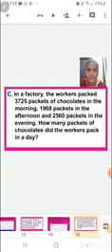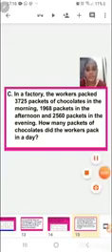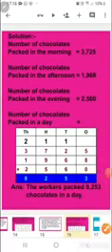Now, in a day, in the morning workers have packed some chocolates, then afternoon also they have packed some chocolates, and evening also they have packed. So we have to find out in a day how many chocolates the workers have packed. Okay, now children, note down the solution. First statement is number of chocolates packed in the morning equal to 3,725.